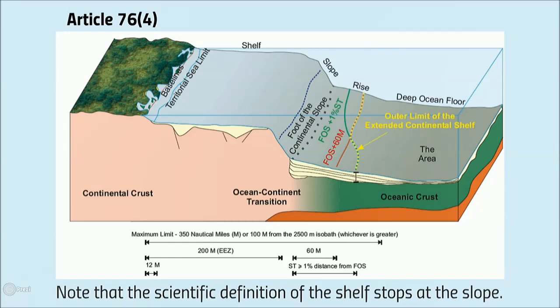The other one that's easier to wrap one's head around is the idea of the foot of slope plus 60 nautical miles. Now the thing is, you don't have to choose one line or the other. You can use the maximum extent of both, which is what the dotted line on the image portrays. The foot of slope up to a certain point, then the gradient change line where that extends further than the foot of slope plus 60 nautical miles.